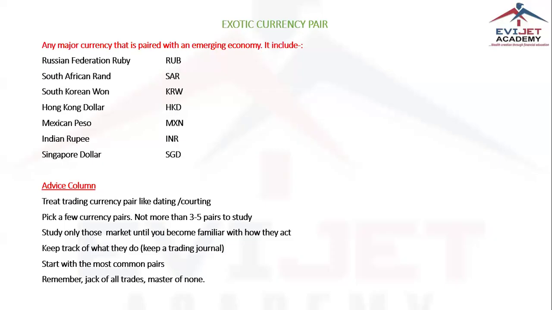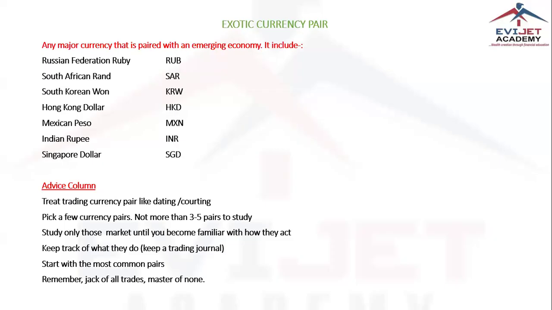Now we have the USD NGN, that's USD paired with the Nigerian Naira. It used to be traded some time ago, when the Naira was still very good, but now you can't see it on any chart because the Naira has slipped drastically. So we have the Mexican peso, the Indian rupee, the Singapore dollar.